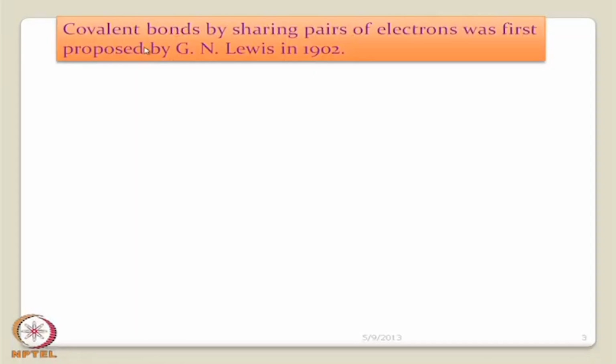The formation of the methane molecule or any other organic compound was first proposed by Lewis in around 1902, and Lewis had the idea that a covalent bond can only be formed by sharing of electrons between two atoms.